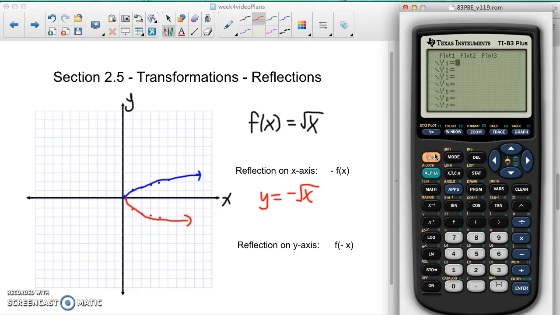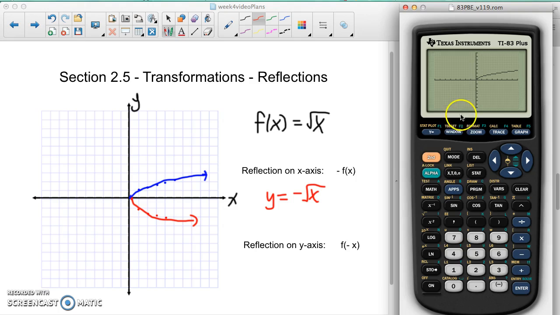So we can test that out on our graphing calculator, and see if it looks the same. Let's give it a minute, it has to think. Alright, so y equals the square root of x, and I'll verify that I have the same graph. It travels to the right, looks similar to the blue graph.